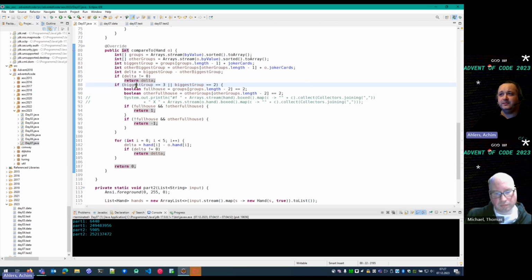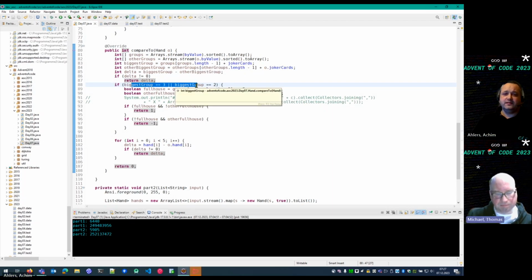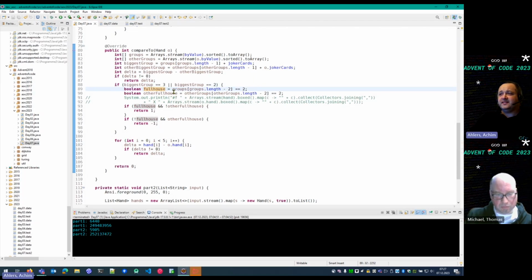I can do it this way because if the biggest group size would differ, the method would have already returned here. So I can just look at one side. Understood. Because the other side has the same size. So if my second group is a pair and not on the other side, I return a 1. If it's the other way around, I return a -1. Again, this is how the compareTo method's contract is spec'd.